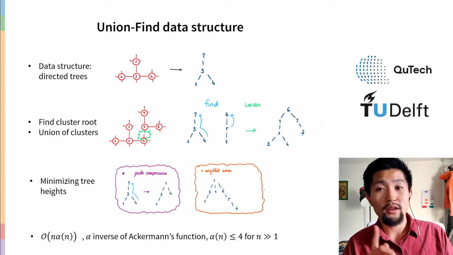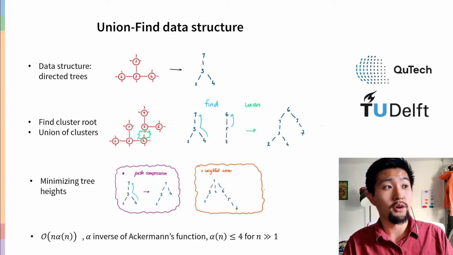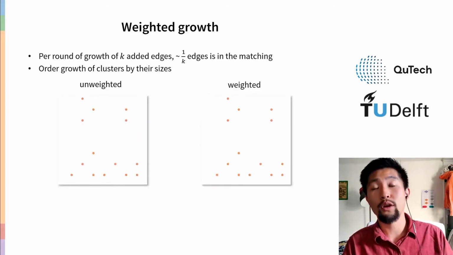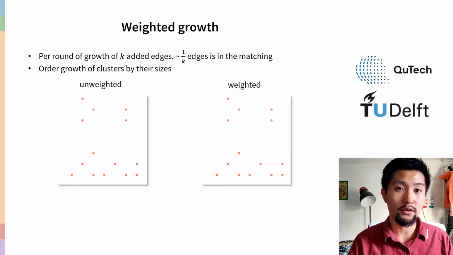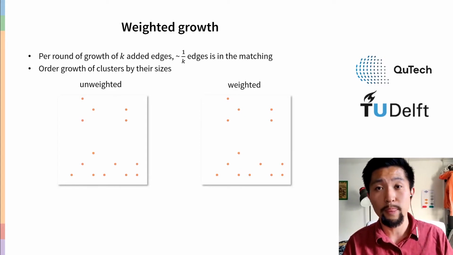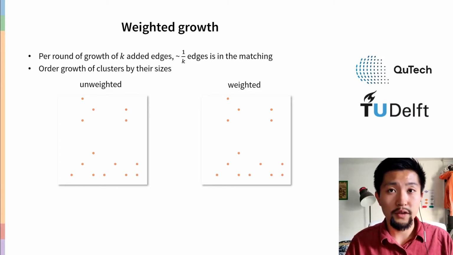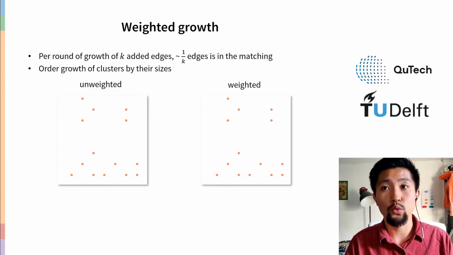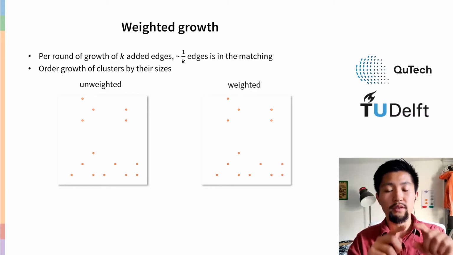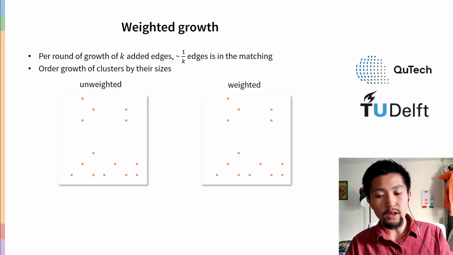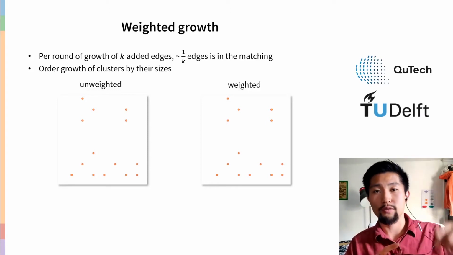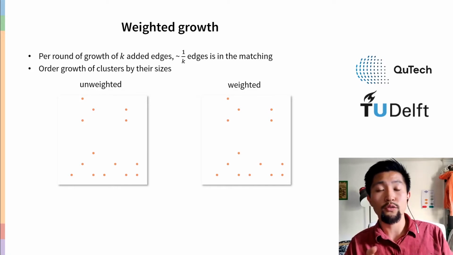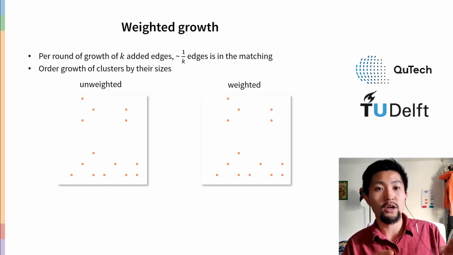Now, there's one additional aspect of the union find decoder. Remember, we are growing these odd parity clusters in size until they merge with another, until they are of even parity. The extra feature is called weighted growth. Imagine having an odd parity cluster. Per round of growth, you're adding on the boundary a layer of extra vertices or edges, out of which only one will merge with another cluster.